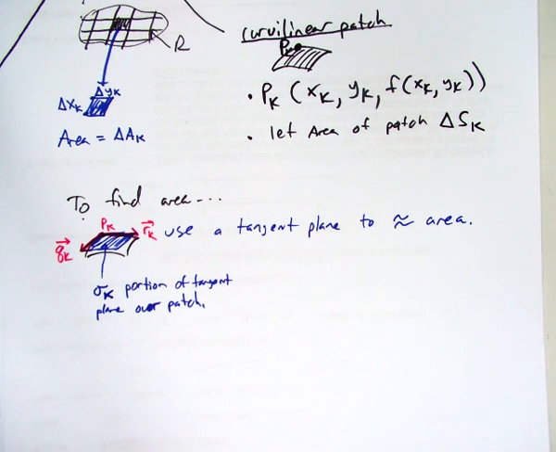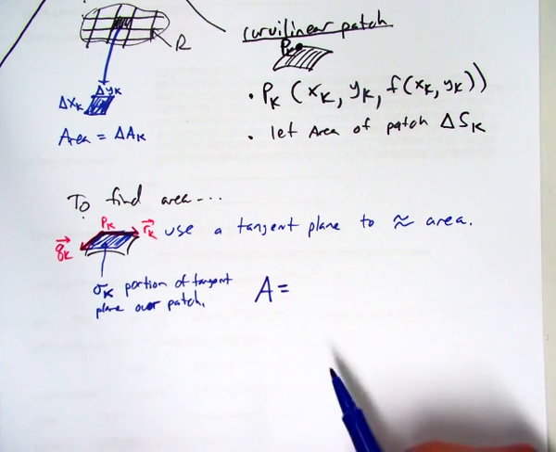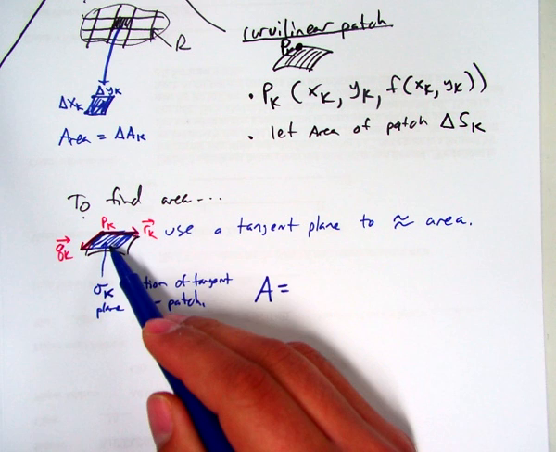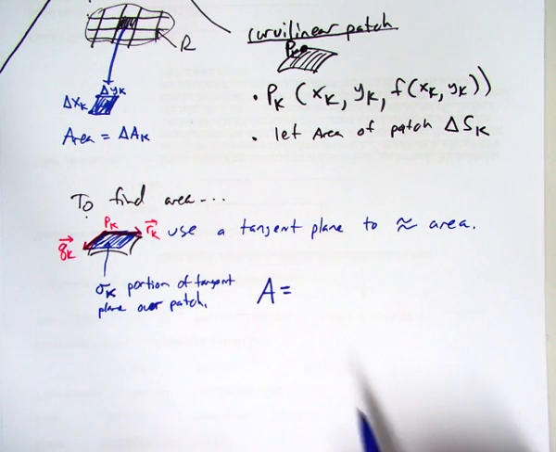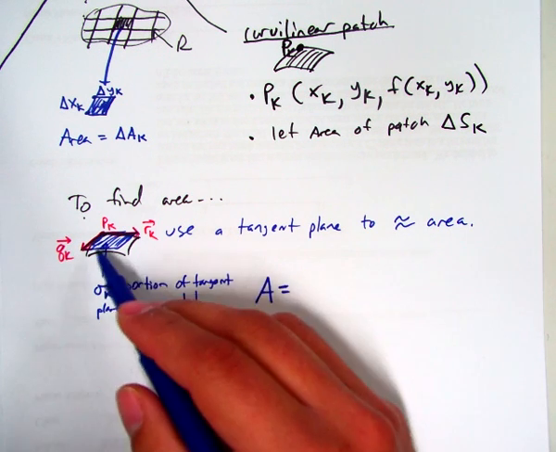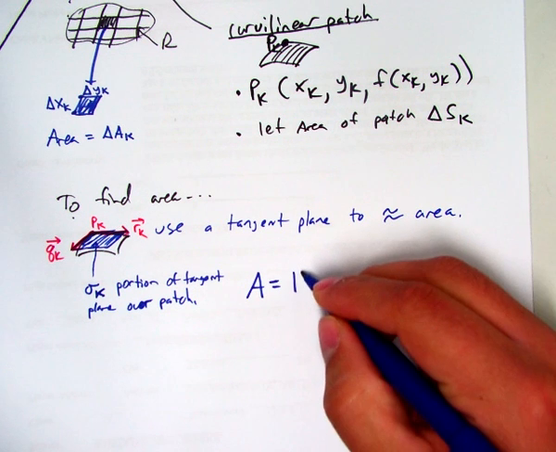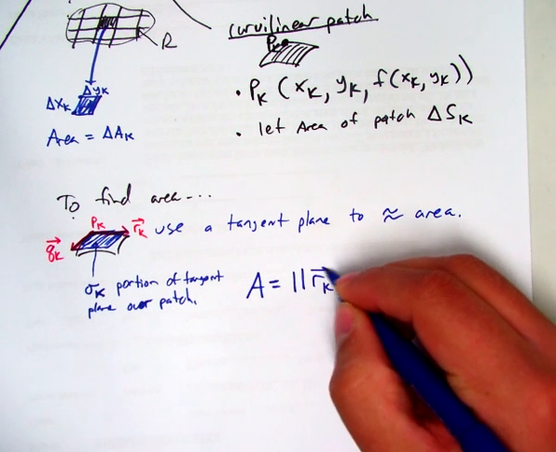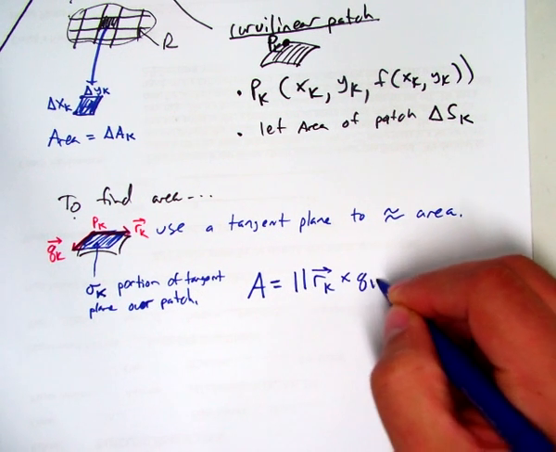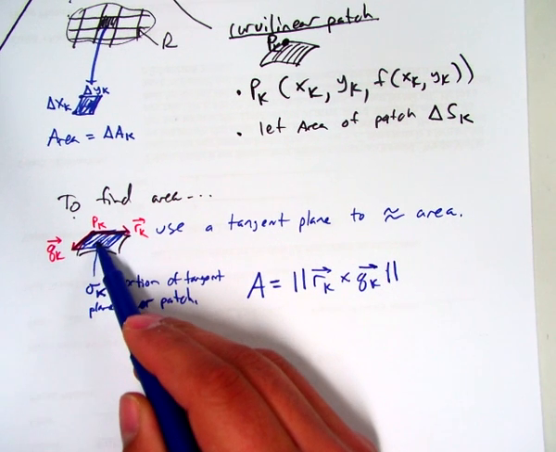Now, the area, if we just focus now on finding the area for sigma sub k, then we can use some formulas that hopefully are familiar, which is that if we take the magnitude of the cross product of the two vectors, that should give us the area of one of these parallelograms.